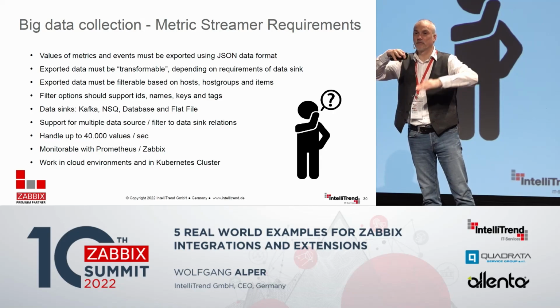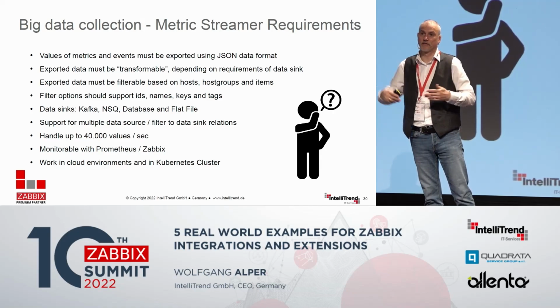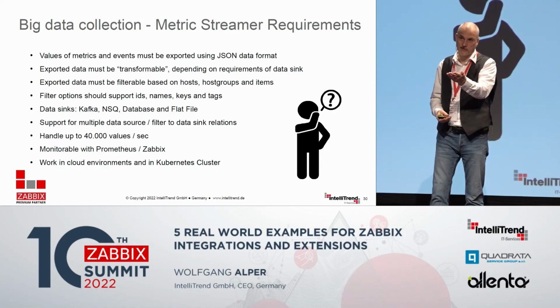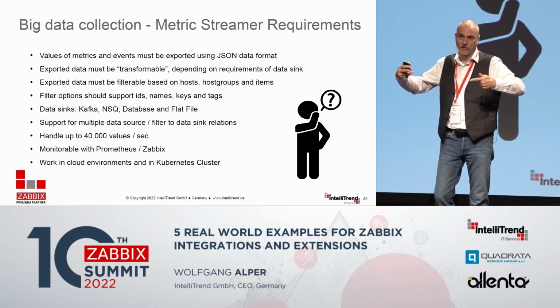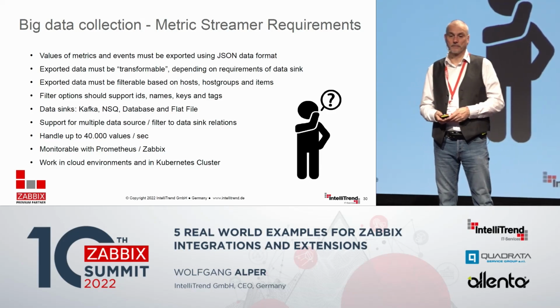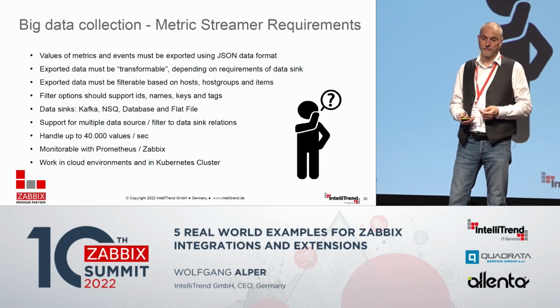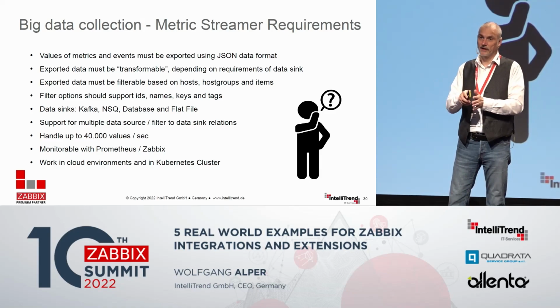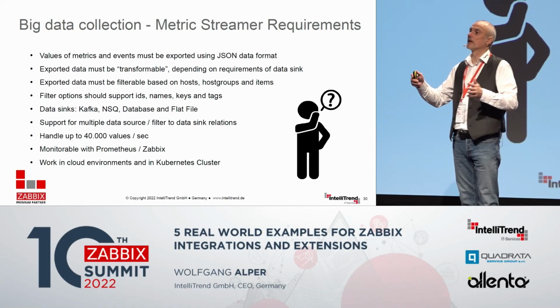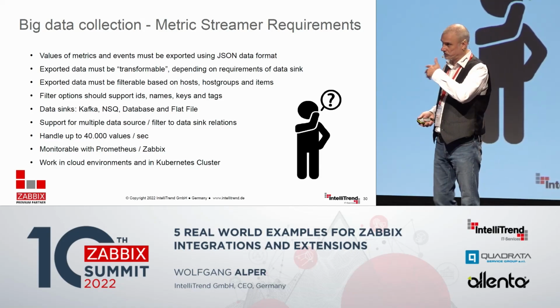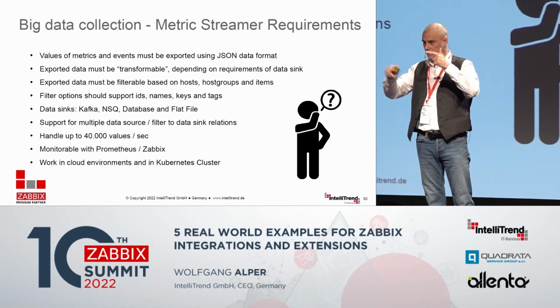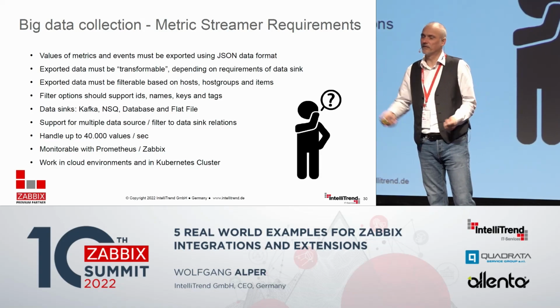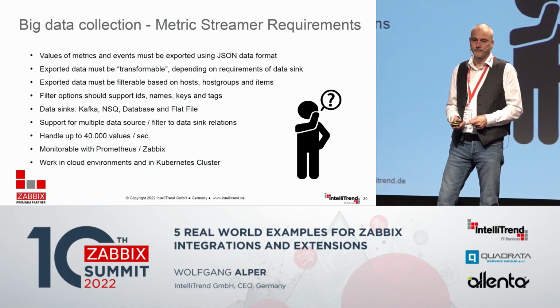So we need to have the option to transform the data, very similar to how Zabbix preprocessing allows you to preprocess data before they're finally stored. Exported data must also be filterable, so you don't want to export all of your data, but specific data, like you want to export your Wi-Fi vendor specific Riga data, for example, for an application.